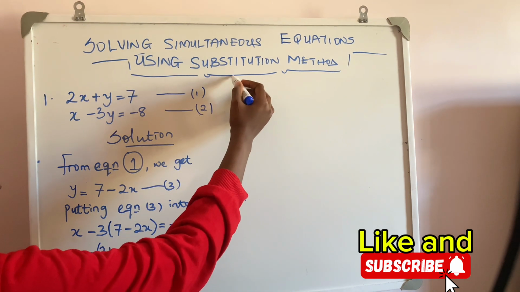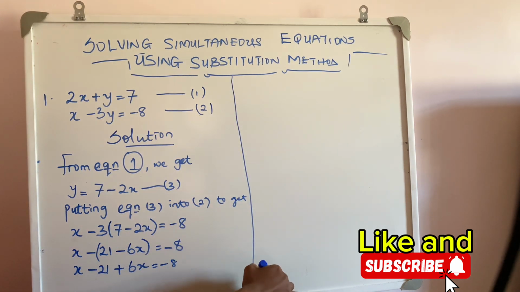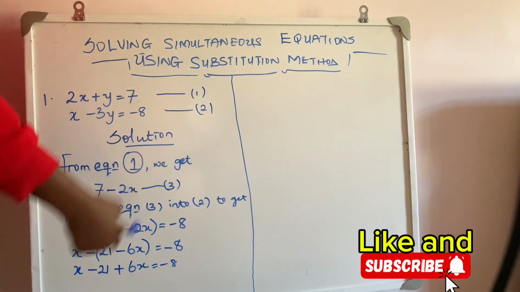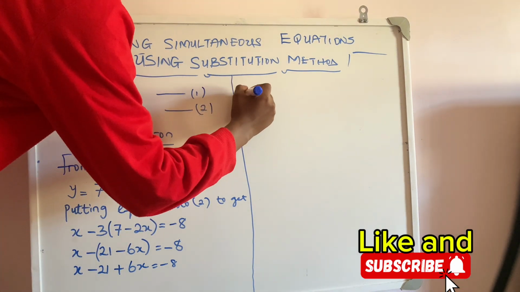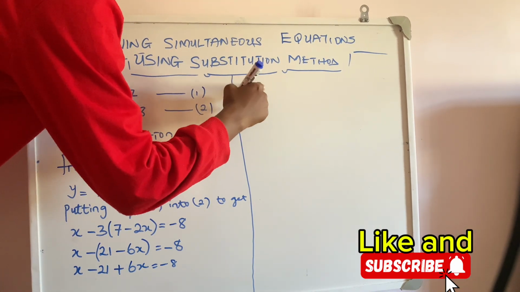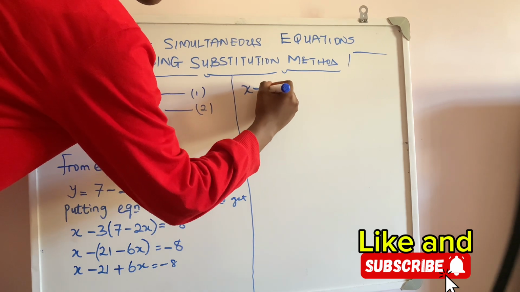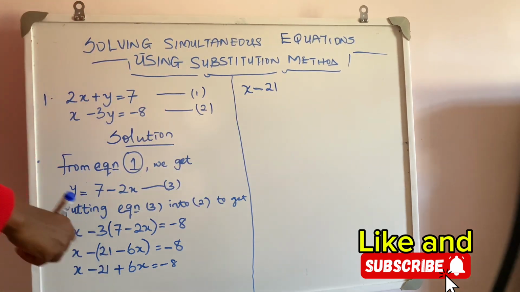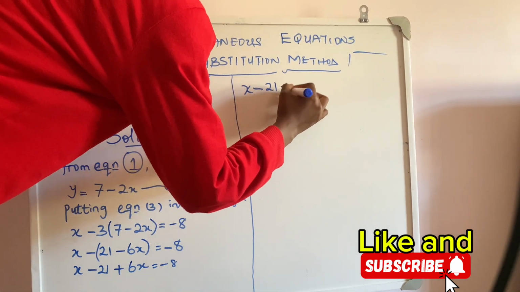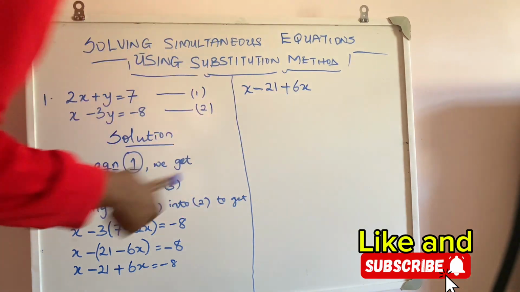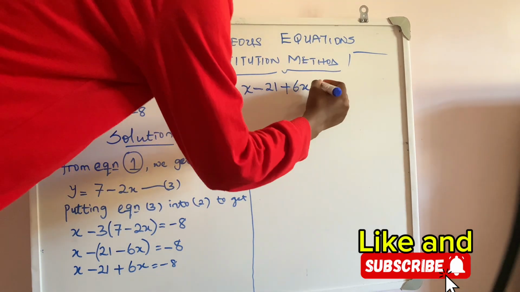Okay, so now we just draw a line here. From here we just write that down. We have x minus 21 plus 6x is equal to minus 8.